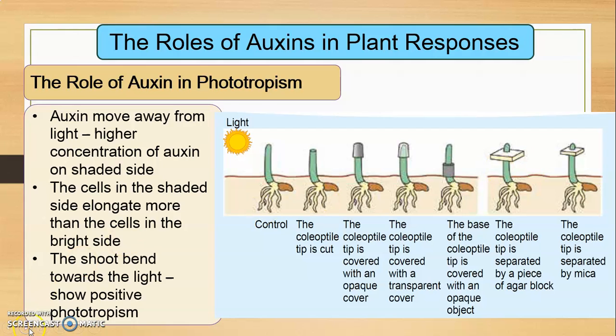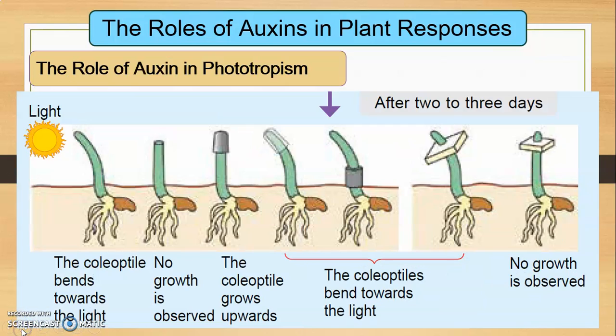Okay, so after a few days, after 2 or 3 days, what happened to the coleoptile? Let's discuss one by one. First coleoptile, what happened? The coleoptile bends towards the light. Why does the coleoptile bend towards the light?